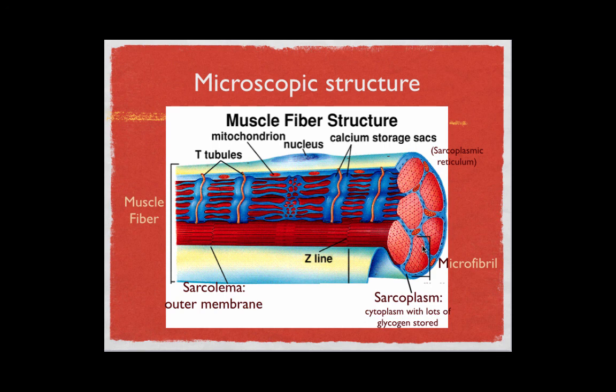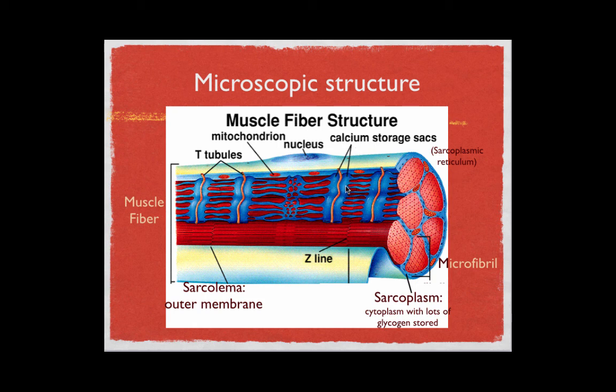We have these red structures here, these bundles of proteins. These are called microfibrils, and the microfibrils are basically just bundles of actin and myosin. Those bundles are then surrounded by this sort of blue membrane. These are the calcium storage sacs, also known as the sarcoplasmic reticulum.